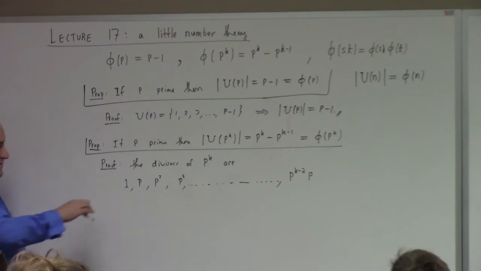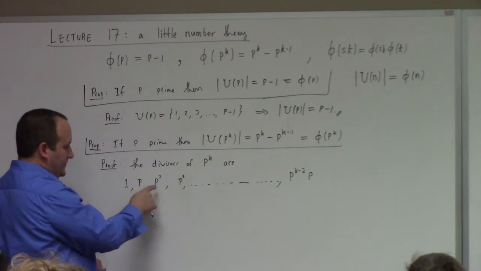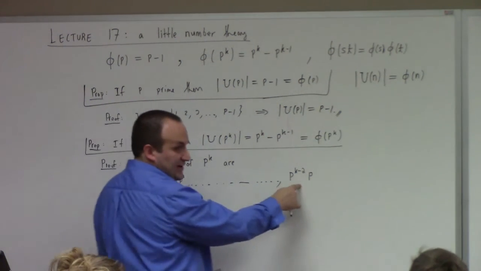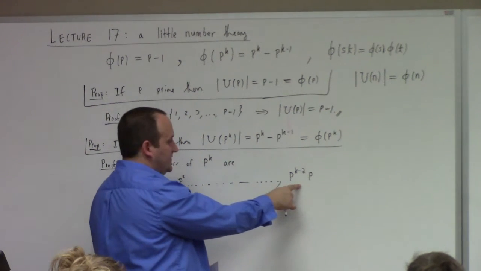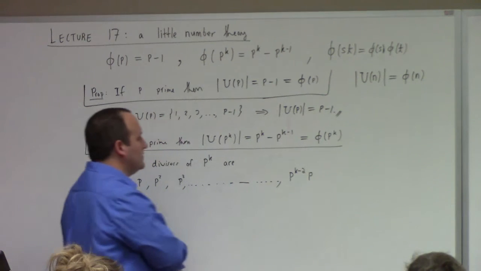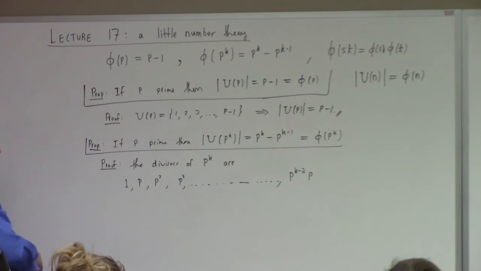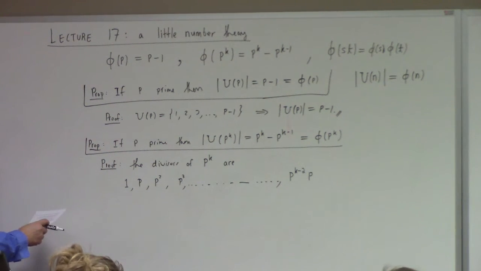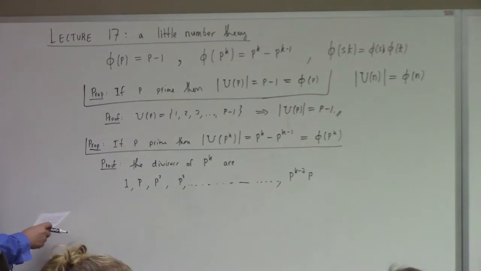Anyway, you can count 1, 2, 3, 4, k minus 1. Excuse me. How many? K minus 1. See, that's not right. One is like p to the 0.